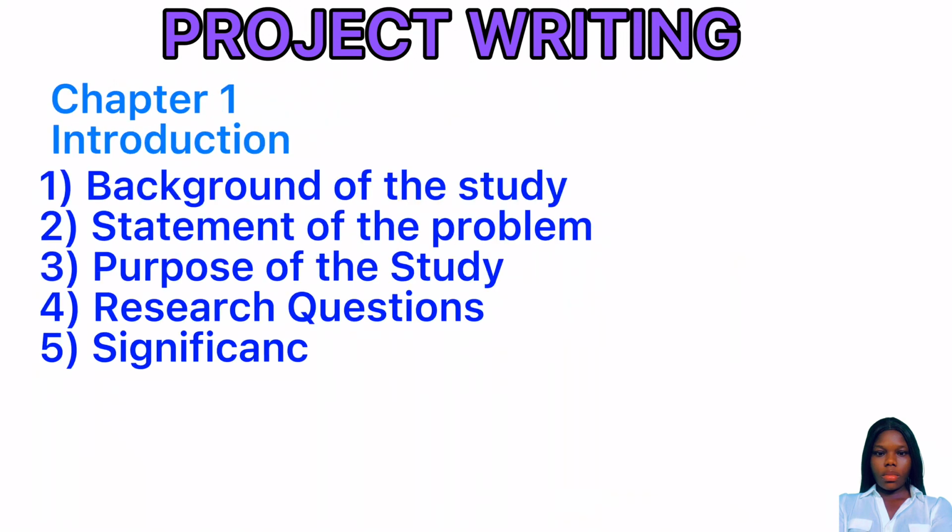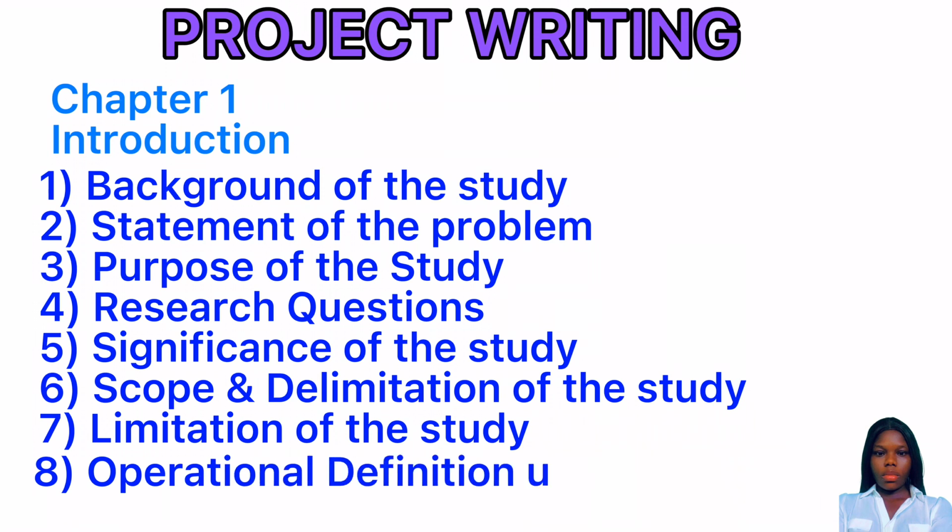Now we have types of hypothesis. We have the null hypothesis and the alternative hypothesis. The null hypothesis says there is no relationship. Make sure you use that word: there is no significant relationship. While the alternative hypothesis says there is significant relationship. Now imagine you're thinking about this water in your room, and somebody comes and tells you that the reason why your room is flooded is because your fan is on.